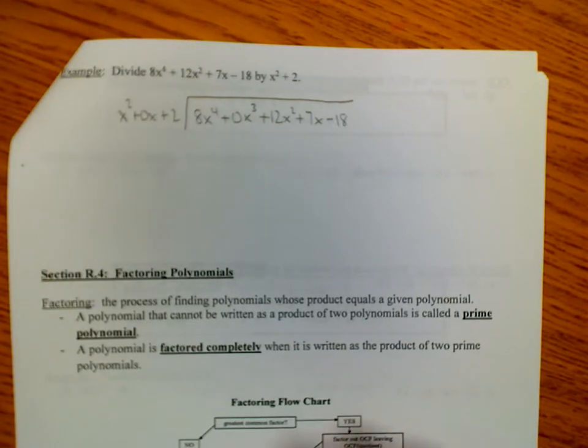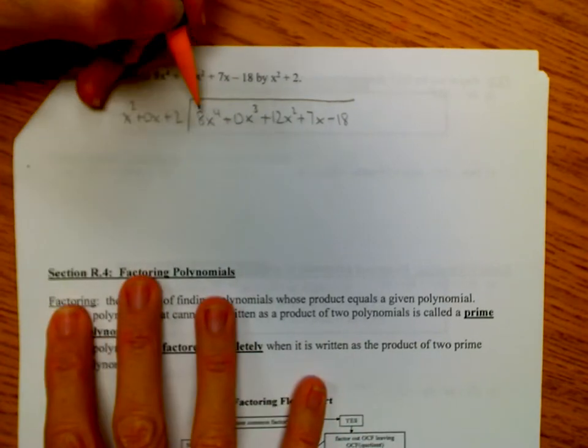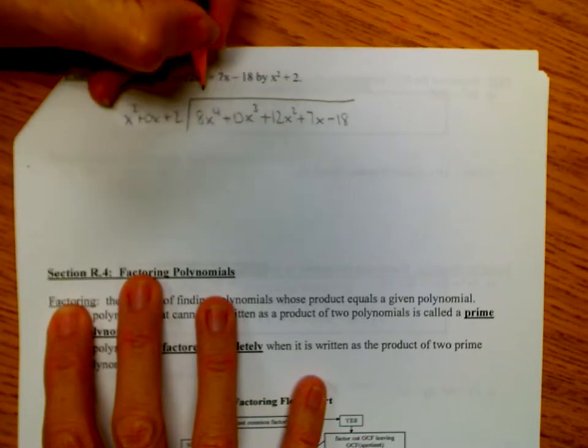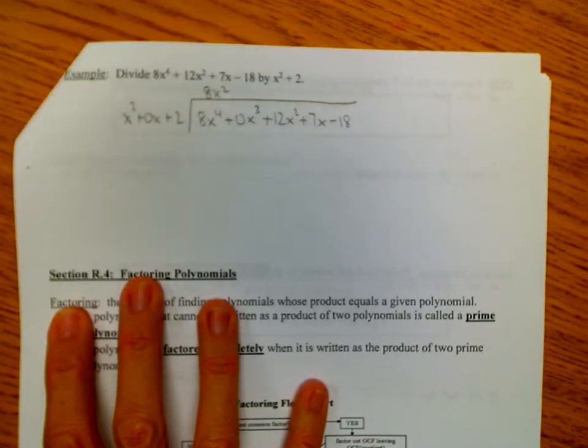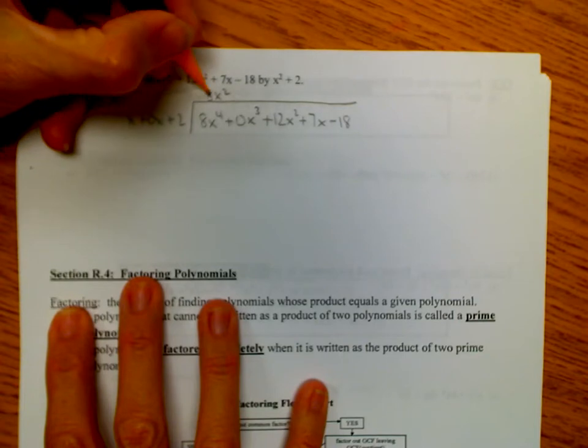Now we will begin with the steps we did on the previous problem. We will divide our first terms. 8x to the 4th divided by x squared will leave us 8x squared. Then our second step, we will distribute this to our divisor.